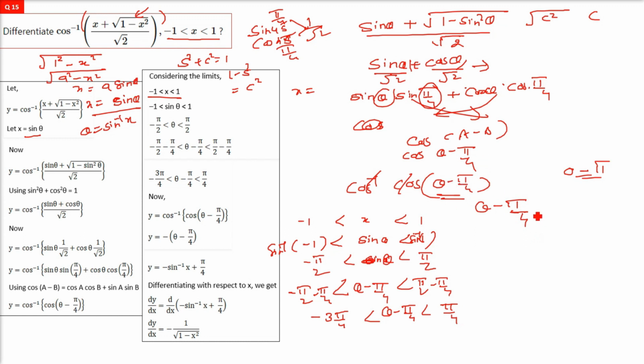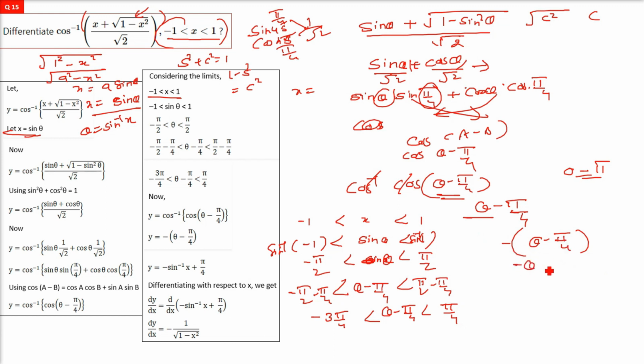Alright. So whenever you take this out, there is a limit which you are surpassing. So cos and cos inverse, when you cancel, this will be negative of whatever is going to come inside. So it will be negative of theta minus pi by 4. I hope you got the idea. Simply, if you do it directly, you will get theta minus pi by 4 and you will start differentiating it.